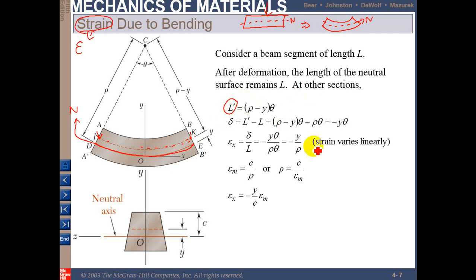L prime can be calculated using the equation rho minus y times theta. It is like a circular arc like this, with this as the center. You want to know the length from point A to point B, so we call it S.